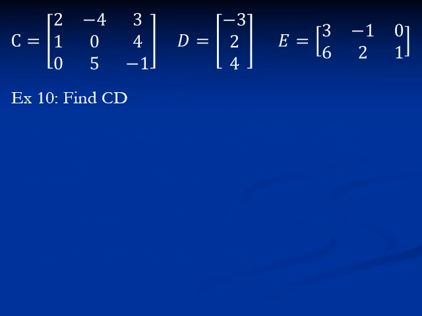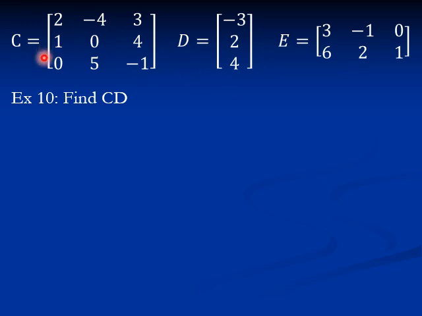For examples 10, 11, and 12, I'm giving you 3 matrices, matrix C, D, and E. Go ahead and try to multiply matrix C and D together. Remember, you're going to take the 3 elements of the first row times the 3 elements of the first column, which is really just one column.